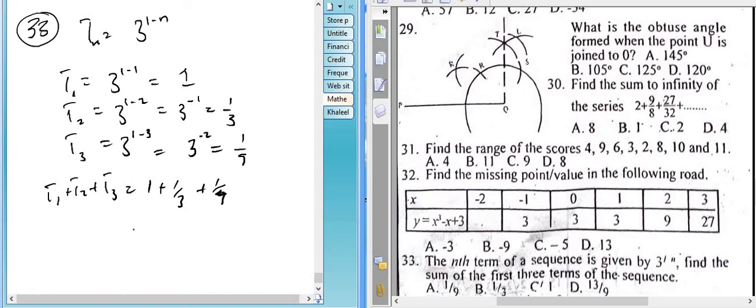So the sum of this is going to give me, if you take 9 here, that's the LCM, 9 into 1, that's 9, plus 3, plus 1. So the answer is going to be 13 over 9. So 13 over 9, the correct option is D. So moving to the next question.